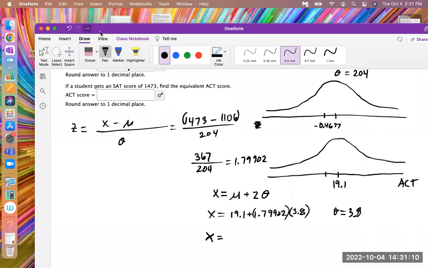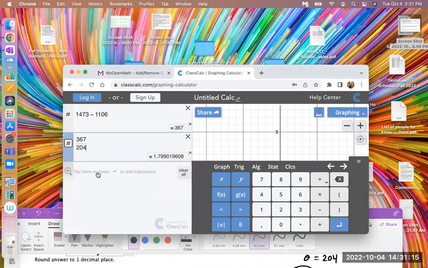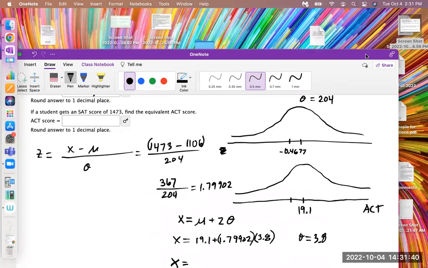I'm going to re-enter this number down below with as many decimals as I can: 1.799019608. You should never truncate anything if you can afford it. I'm going to multiply by the standard deviation, which I believe was 3.8 for the ACT scores, and then add 19.1.